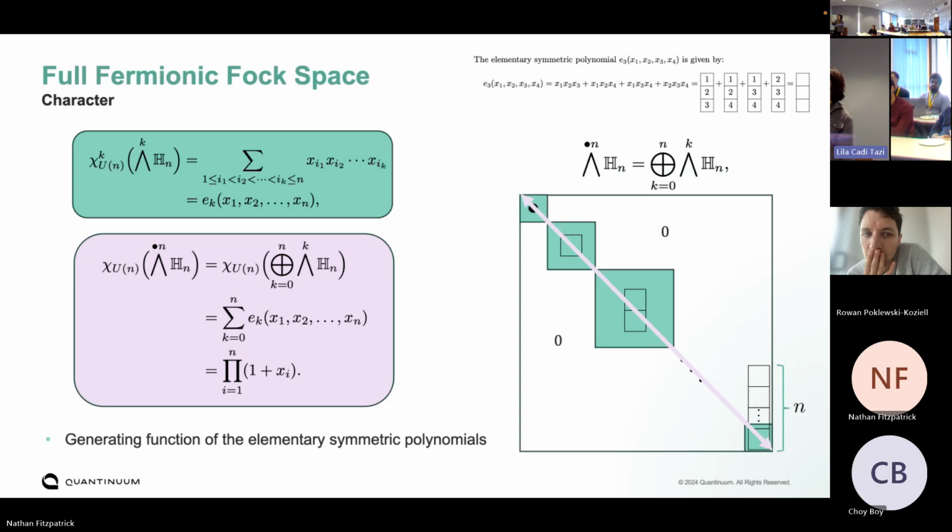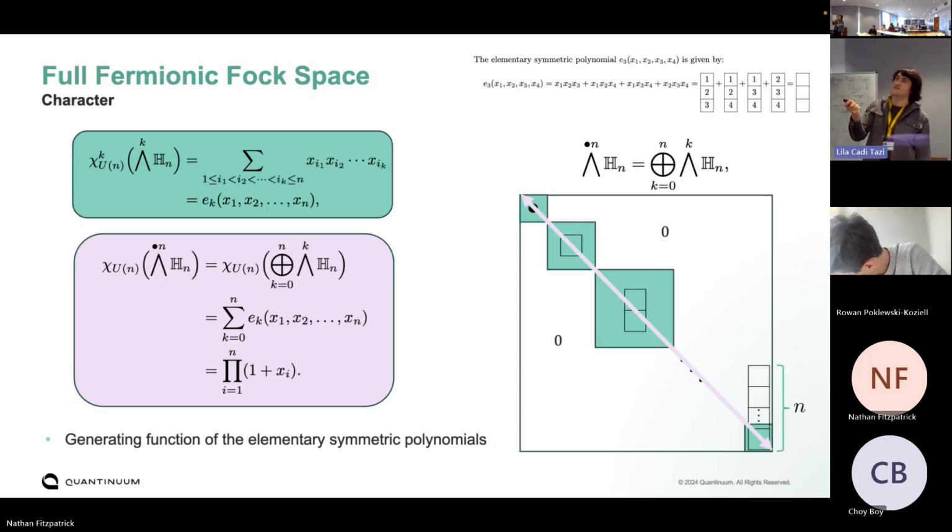The characters of this are a very special Schur polynomial called the elementary symmetric polynomials. So this is very scary looking. What this is saying is taking the character of the k-dimensional anti-symmetric Hilbert space projection, and the character of this, EK, is basically showing you this example.